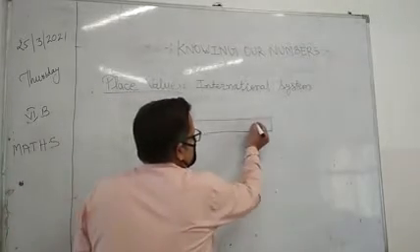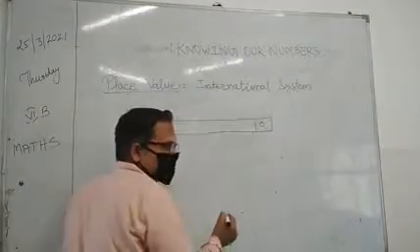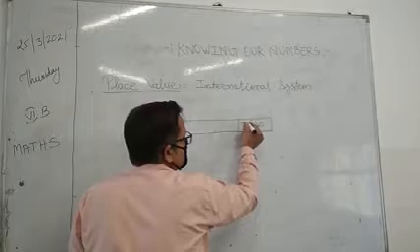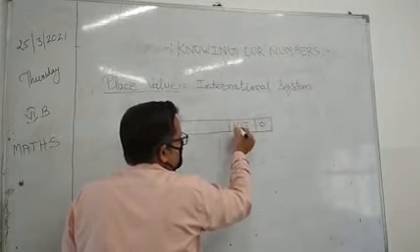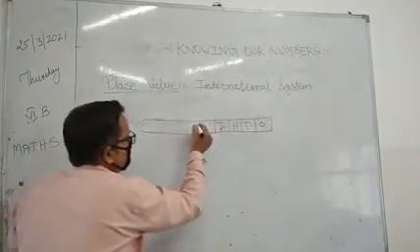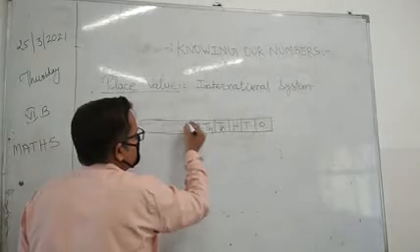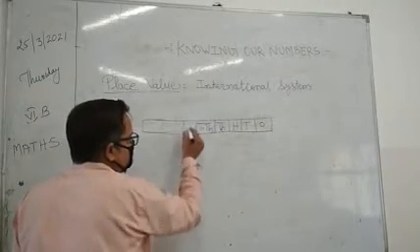First of all, if we go through the Indian system, then what do we have? We have ones, tens, 100, then 1000, then 10,000. After 10,000, what do we have? Lakh.